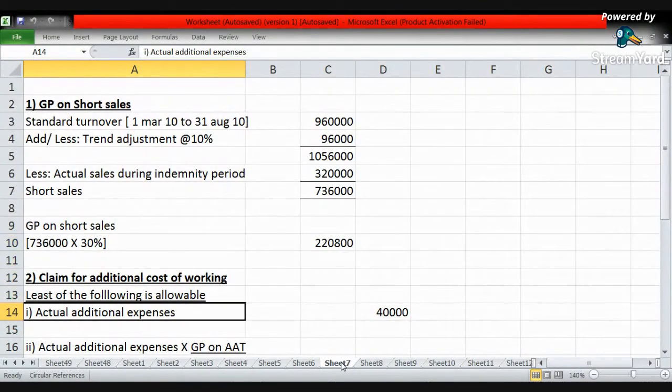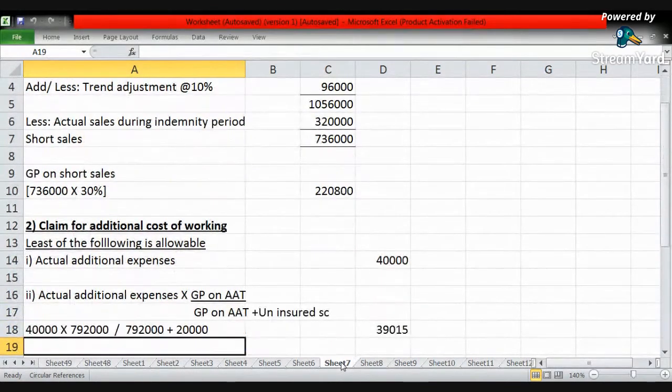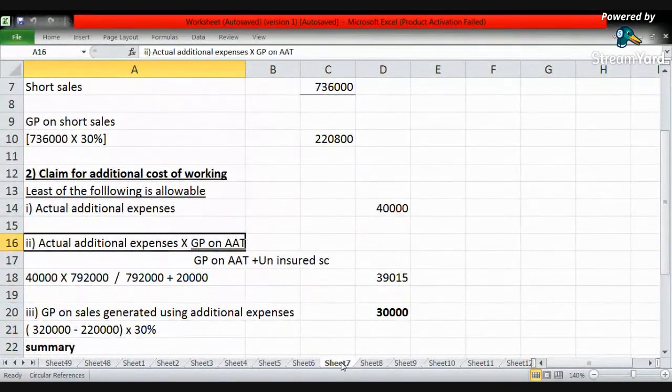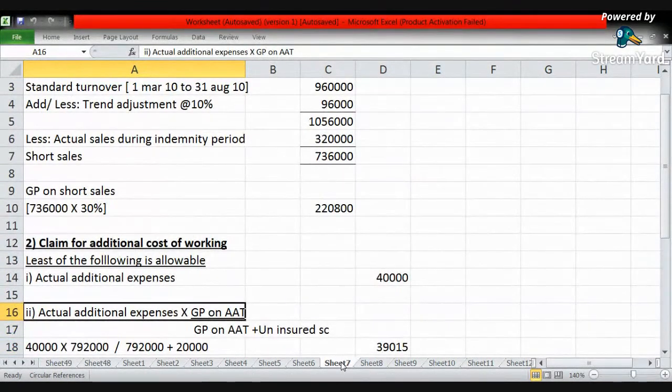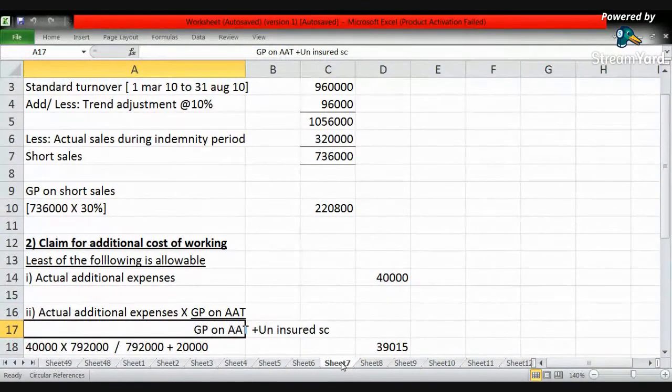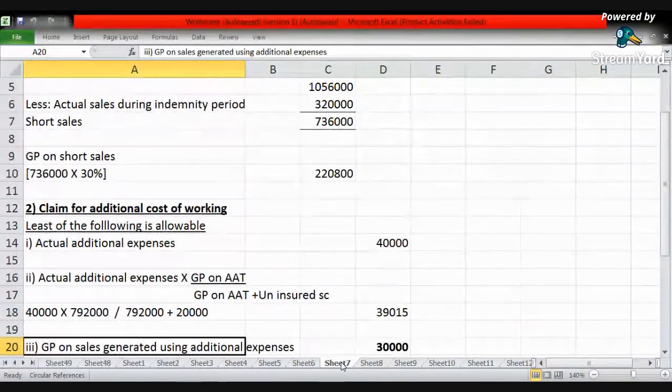And after this, the three conditions: first, actual additional expense. Second condition, actual additional expense into GP on AAT divided by GP on AAT plus uninsured standing charge. AAT means adjusted annual turnover. Annual turnover you take, adjust it for trend. That is called adjusted annual turnover. Third, GP on sales generated using additional expense.